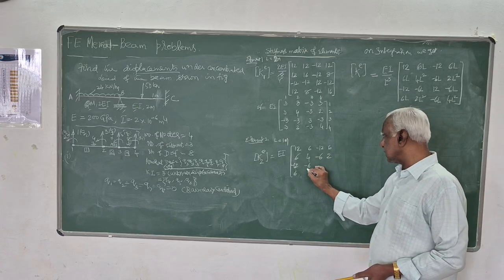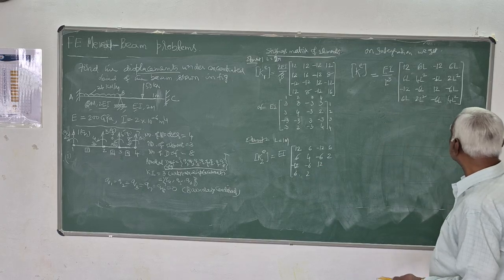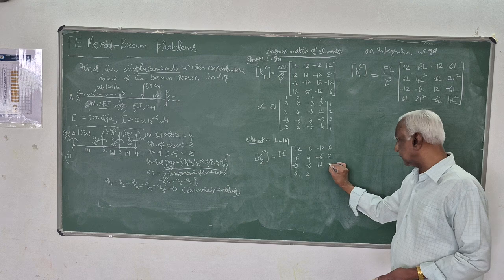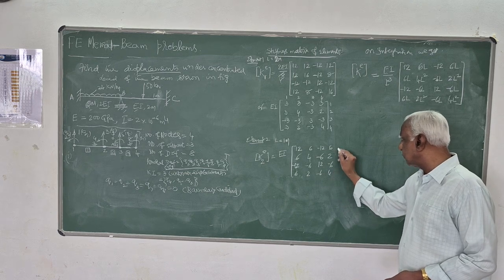Then 12, minus 6L, that is minus 6, minus 6, 4L squared is 4.